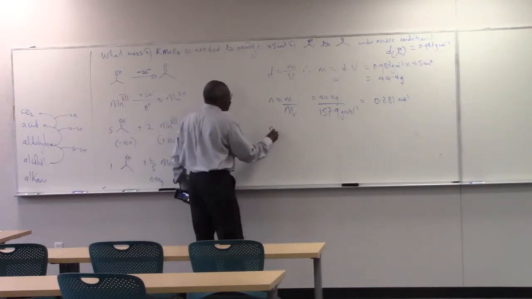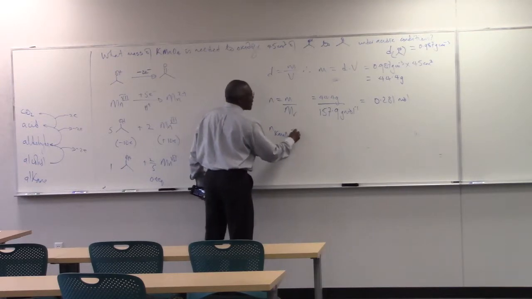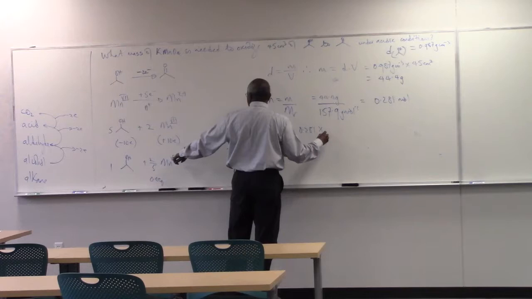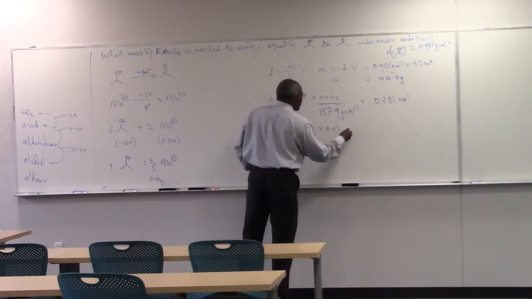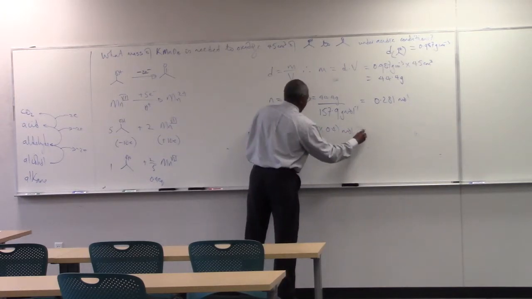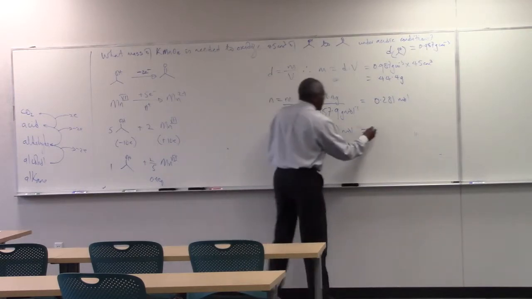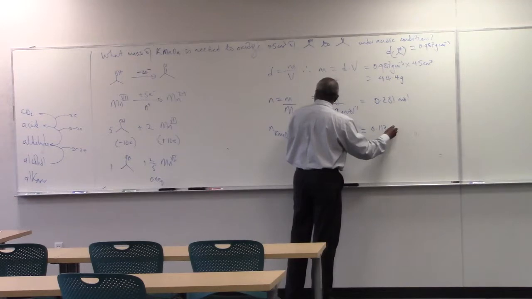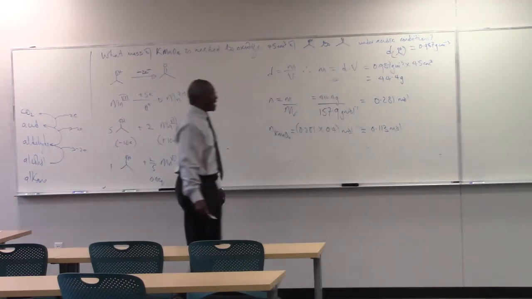Therefore, number of moles of permanganate is equal to 0.281 times the 0.4, which is equal to 0.113 moles. So that's the number of moles of permanganate that I will need.